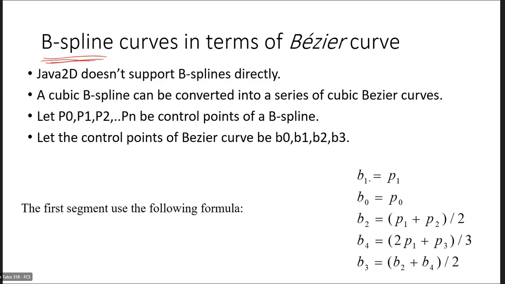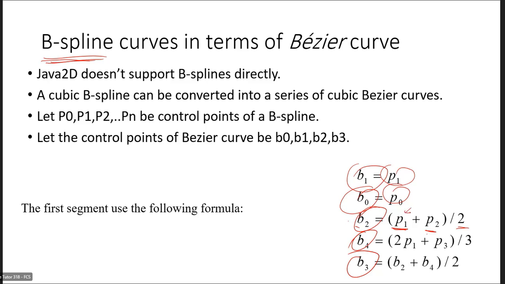From the points P1, P2, P3, we are making the approximation of B0, B1, B2, B3, and B4. You can see that B2 equals P1 plus P2 divided by 2.